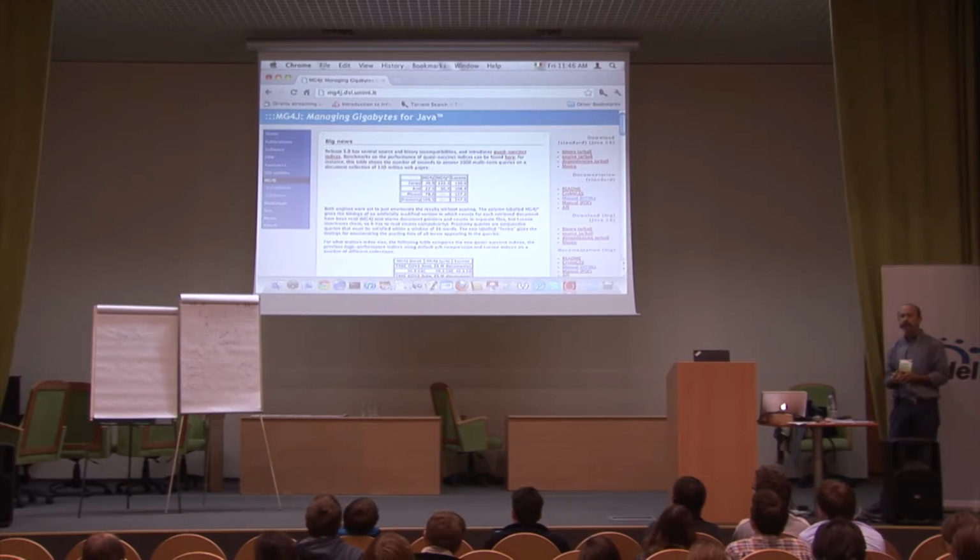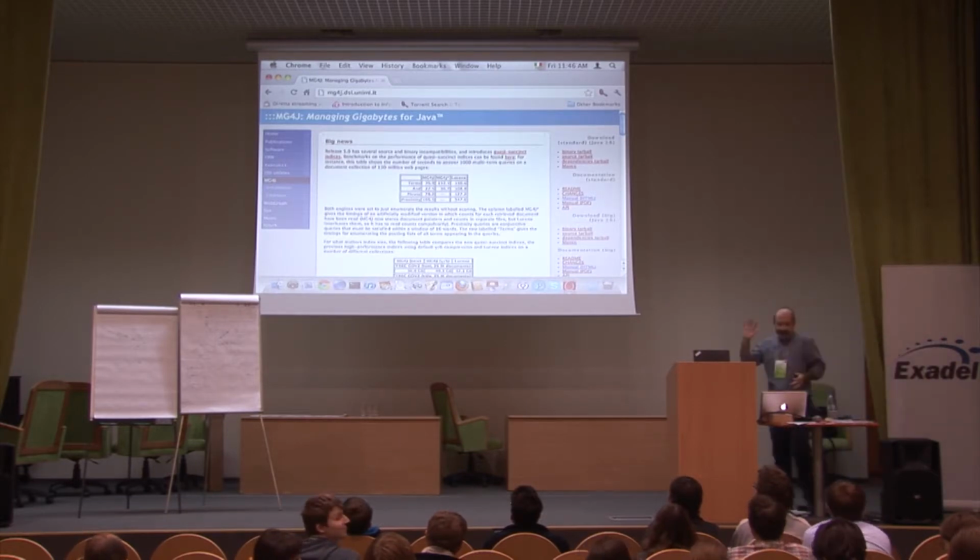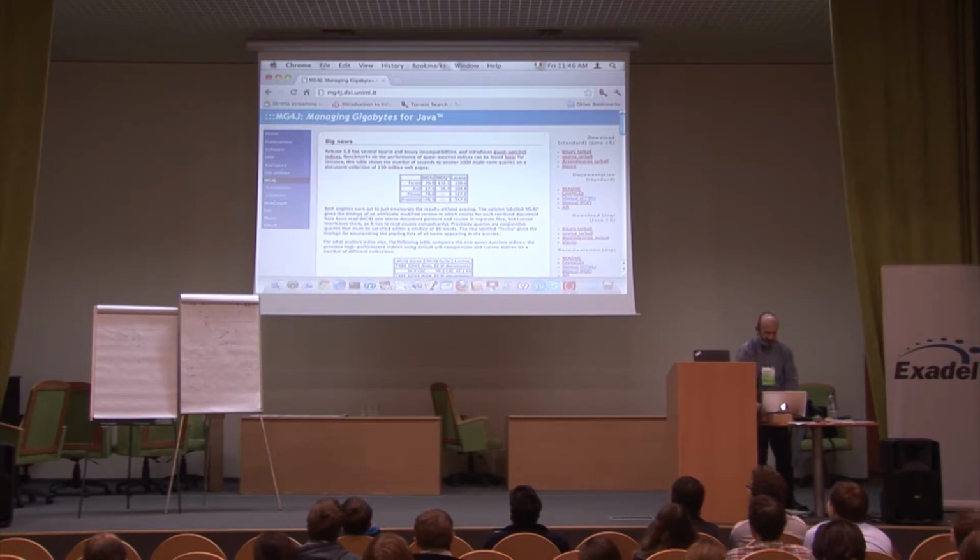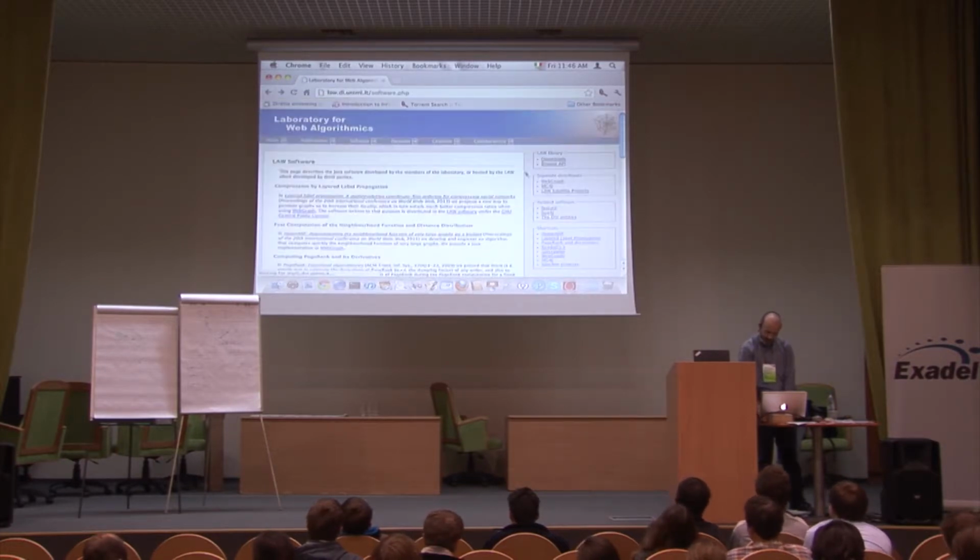Has anybody heard about MG, Managing Gigabytes? Well, apart from you, of course. Anyway, it was born as a sort of revival of MG. Actually, now it's quite larger. It's similar to Lucene, if you ever heard about it. But it's better than Lucene. Of course, I am one of the authors, so what can I tell you?